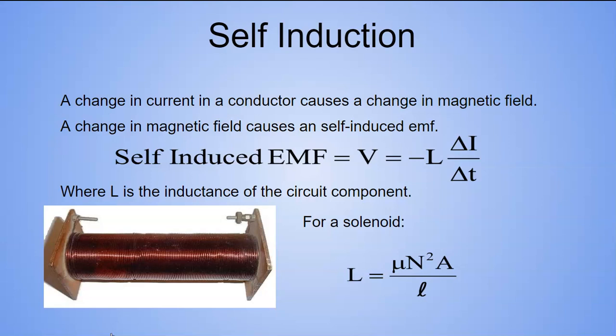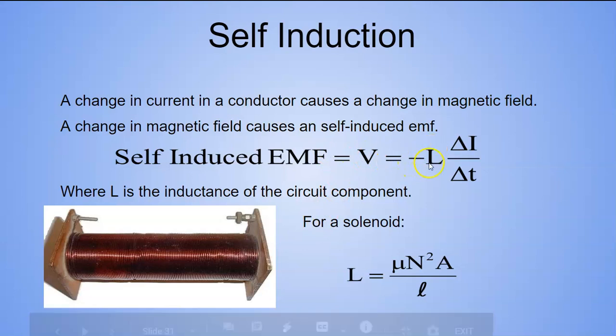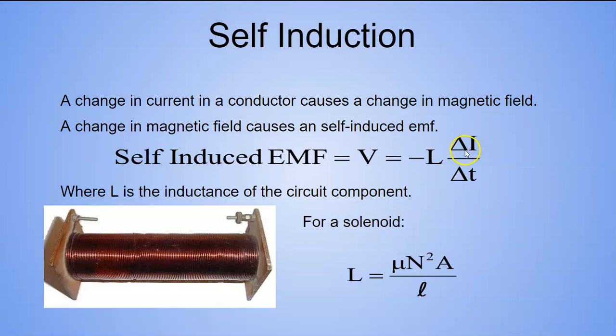So I get a self-induced current or voltage here, and this is the way to calculate how much that comes up to. The voltage would be equal to negative L over delta I over delta T. L is the inductance of this thing, and there's a number that measures how much inductance it has, how good of an inductor it is. And then I could put in here that change of current per time, and that would give me a thing.